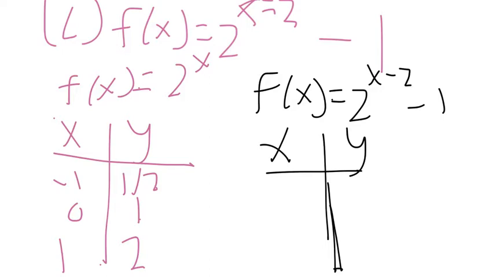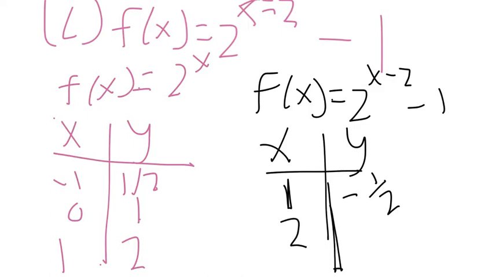Alright, when x is 1, the corresponding f of x value would be 2 to a power of 1 minus 2, which is 2 to the negative first, or 1/2, minus 1, so it would be negative 1/2.